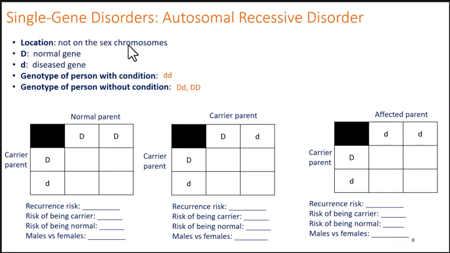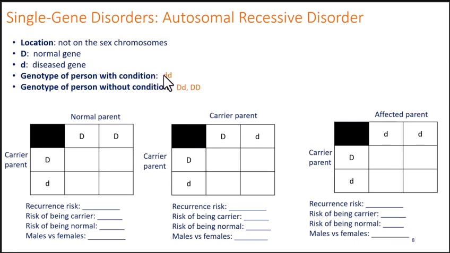So let's have a look here. We know that the disorders are not located on sex chromosomes. It's 1 through 22 that are autosomes. We know that now the normal gene is the uppercase letter, and the disease gene is the lowercase letter, because the lowercase represents recessive. So in order for you to have the condition, your genotype would have to look like this, lowercase d, lowercase d.